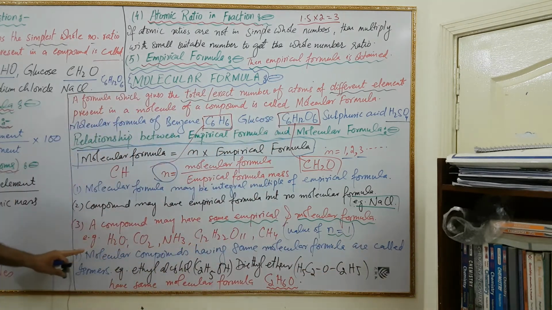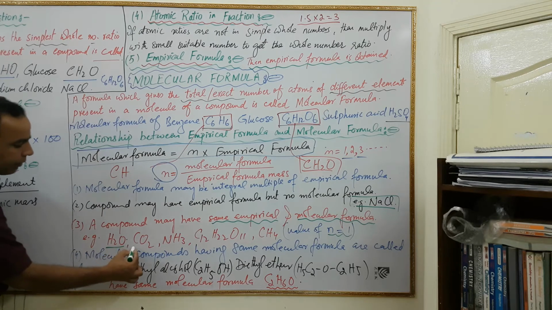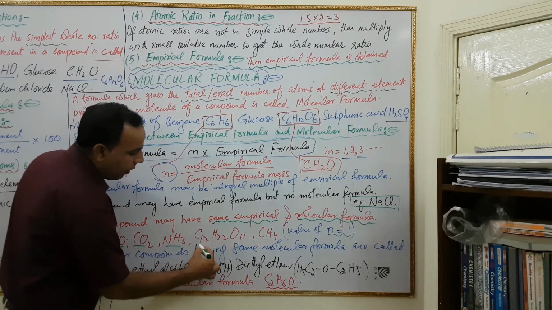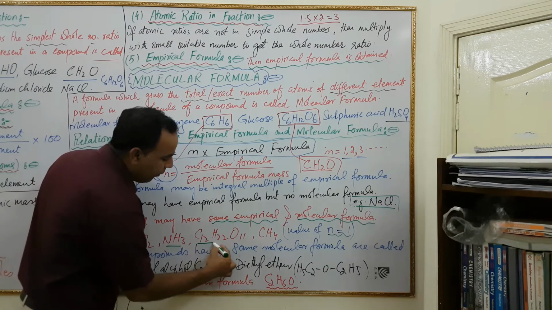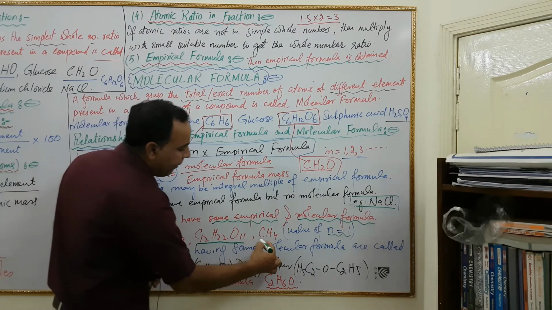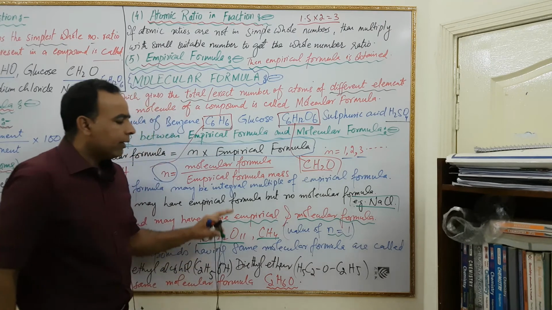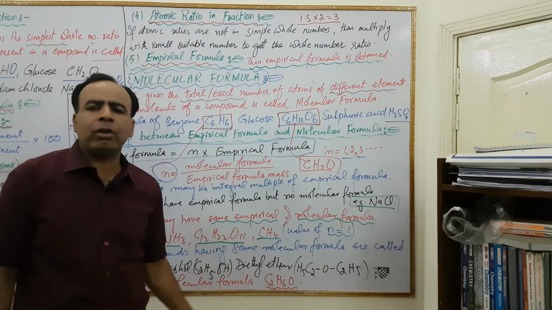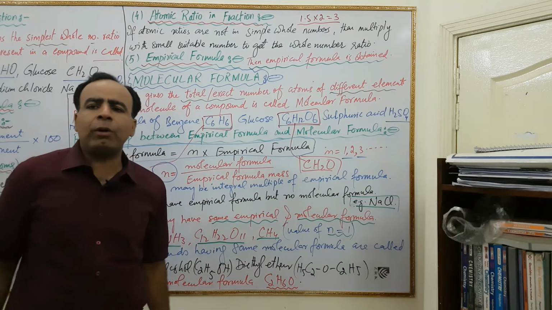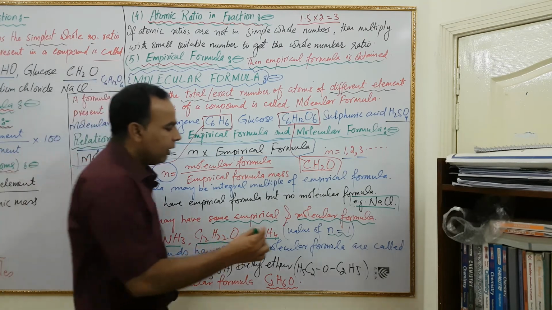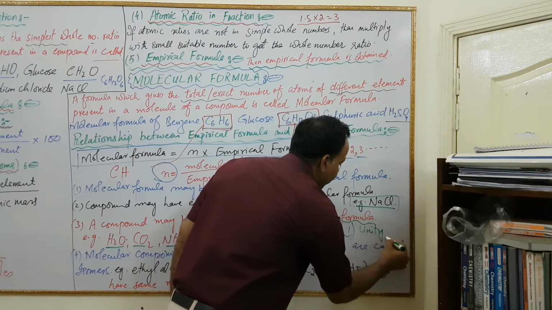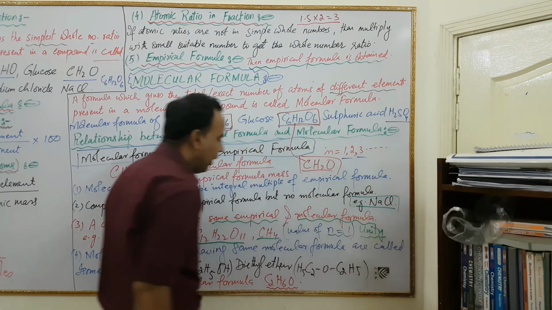For example, water H2O, carbon dioxide CO2, ammonia NH3, sugar C12H22O11, and methane, etc. They have the same empirical formula and molecular formula. For such compounds, the value of n is unity, that is 1.